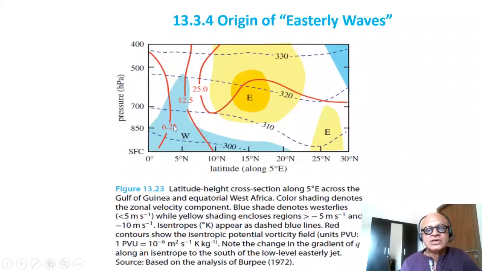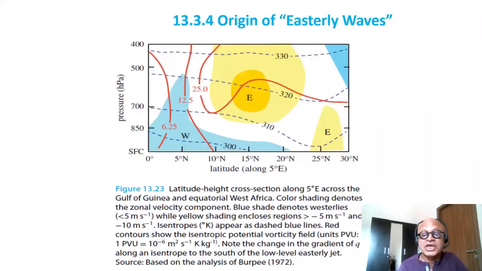So you can see the lines here of change in the gradient of Q along an isentrope. These are the isentropes 300, 310, 320 and 330, and the red lines, blue shading denotes the westerlies. Okay, so you have the westerlies just to the south of the ITCZ that we talked about before.